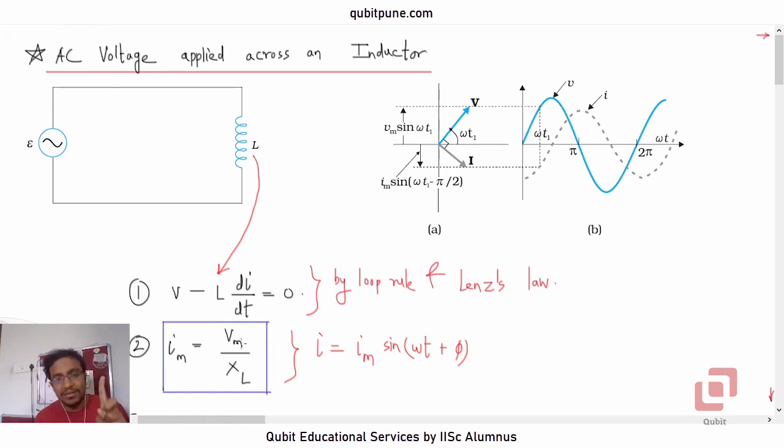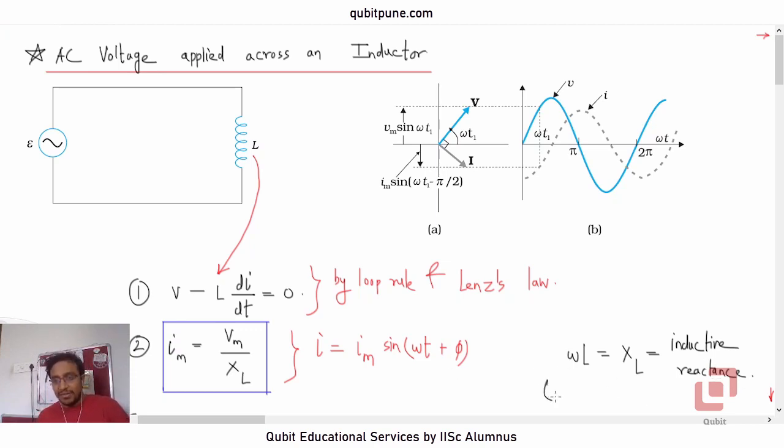Quantity number 1 is Vm, the amplitude of the voltage. Quantity number 2 is the inductance L, and quantity number 3 is the angular frequency omega. The product of the angular frequency omega and the inductance, we call it XL, and the name is inductive reactance.